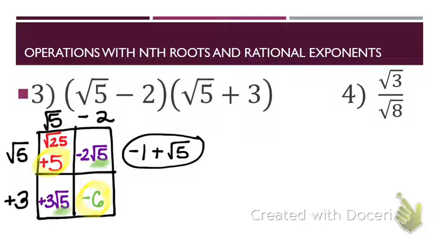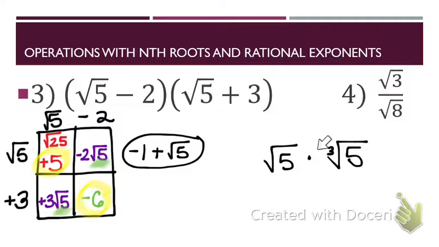Oh, okay. So for the 5, the square root of 5 and square root of 5, we just multiply that? Yes. You can multiply 2 square roots as long as they have the same index. So if you have the square root of 5 times the cube root of 5, you can't multiply that, because these are different.